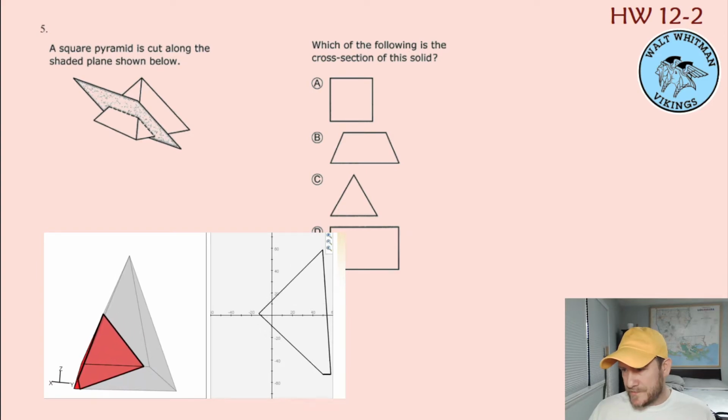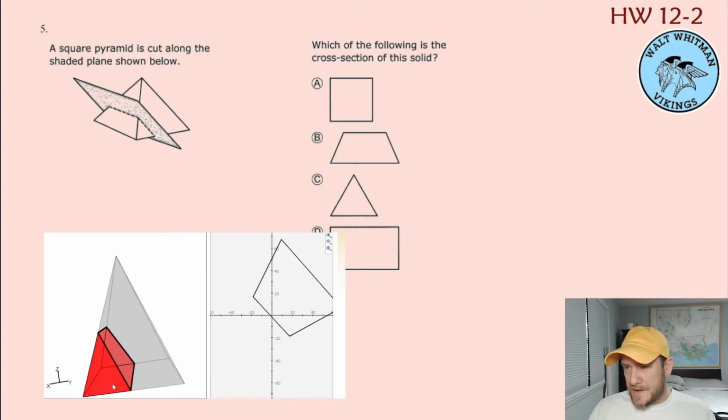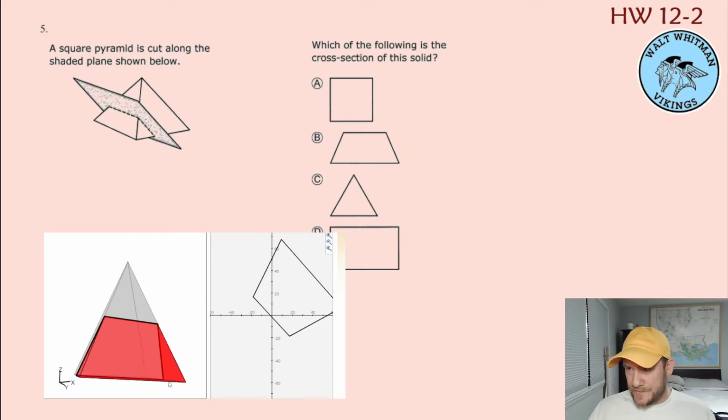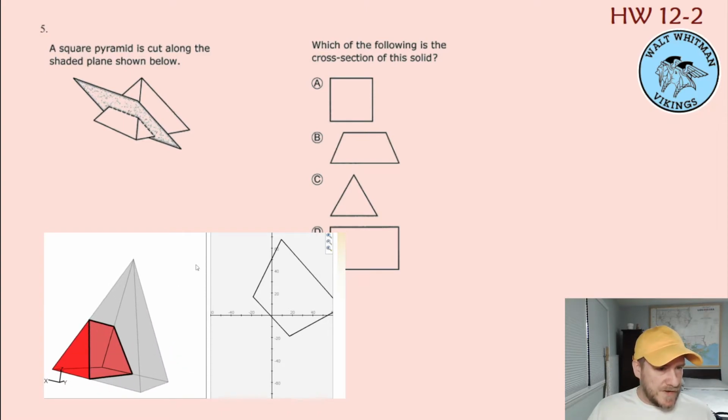But we're over there closer to the edge. Maybe parallel, kind of like that. That looks like the right slice to me. Doesn't that look right to you? But I would say that is definitely the slice that's giving us our trapezoidal cross-section. Right, just like that. So that to me seems like it's option B.